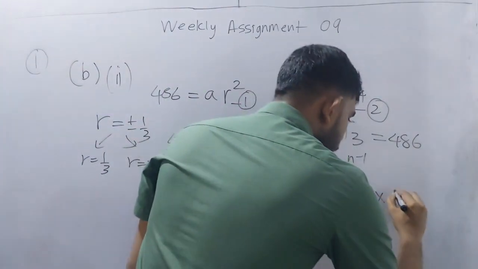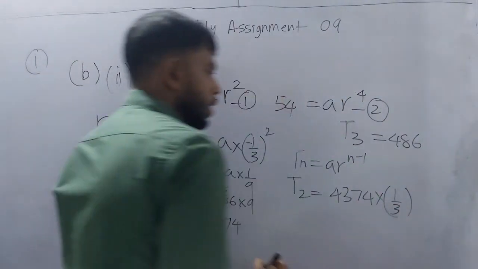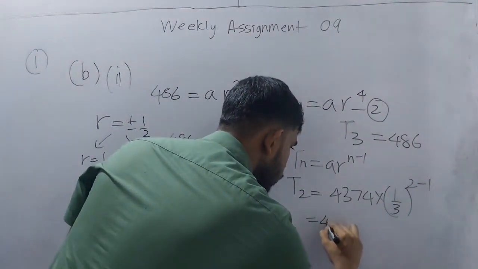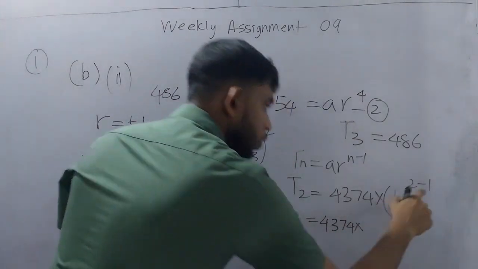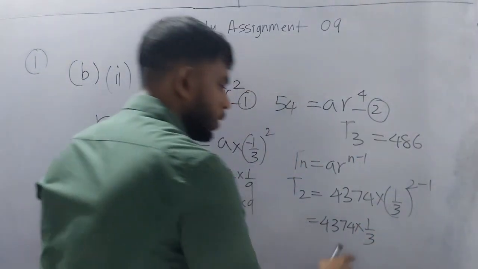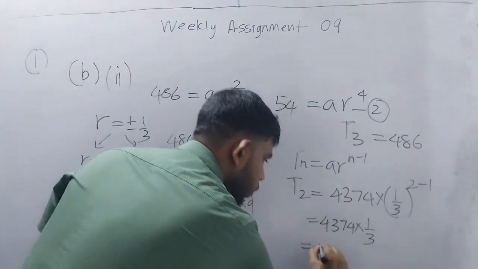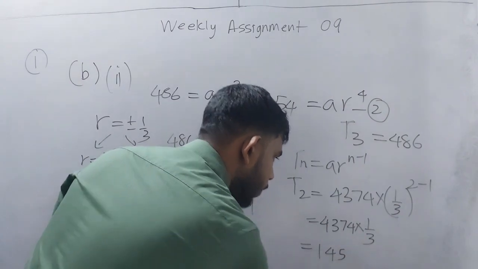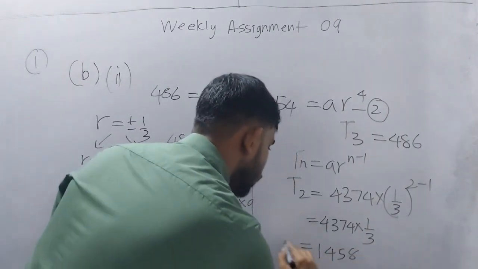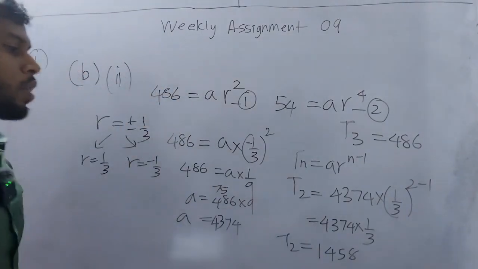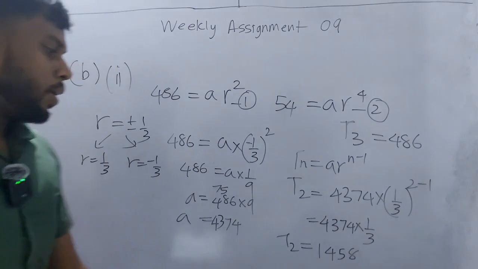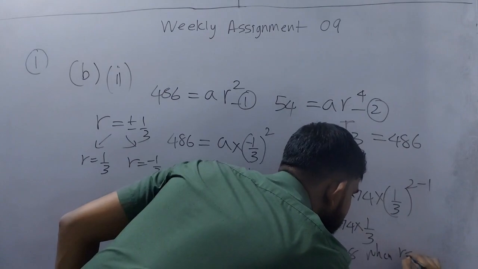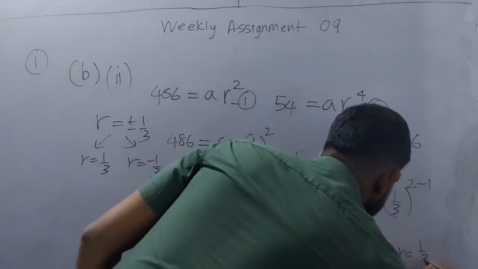So let's say you put plus 1 over 3, then that will be to the power 2 minus 1, which gives you 4374 into plus 1 over 3. So it's like dividing by 3. You can divide by 3. It will be 1458. So T2 will be equal to 1458 when r is equal to plus 1 over 3.